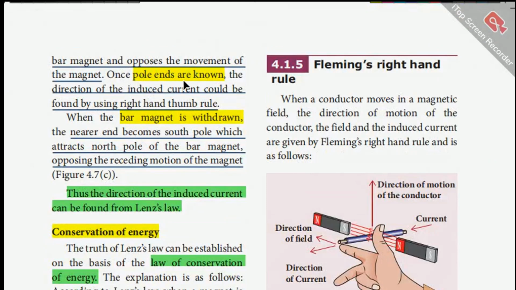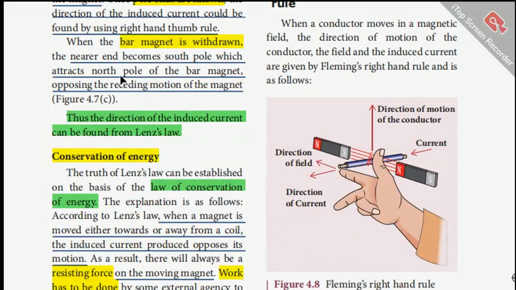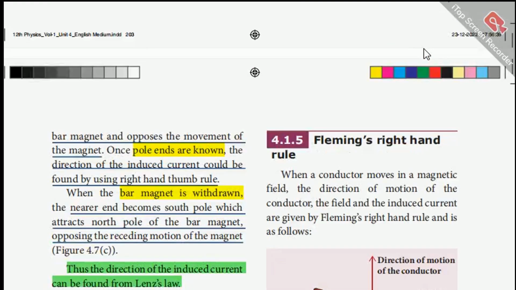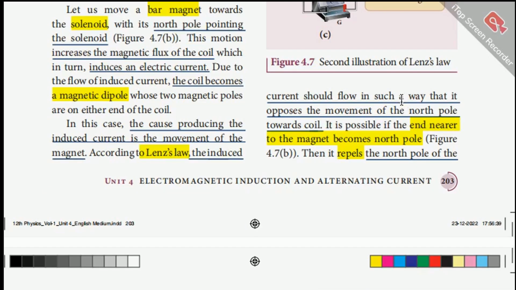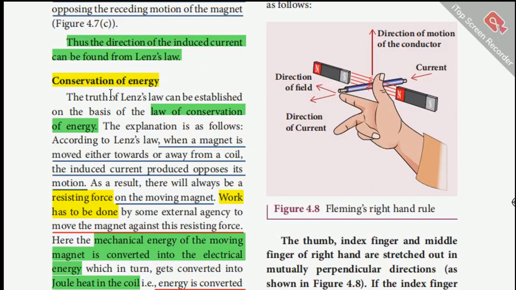Once the pole ends are known, the direction of induced current could be found by using the right-hand thumb rule. When the bar magnet is withdrawn, the nearer end becomes south pole, which attracts the north pole of the bar magnet, opposing the receding motion of the magnet. That is shown in this 4.7c here. Thus, the direction of the induced current can be found from Lenz's law.